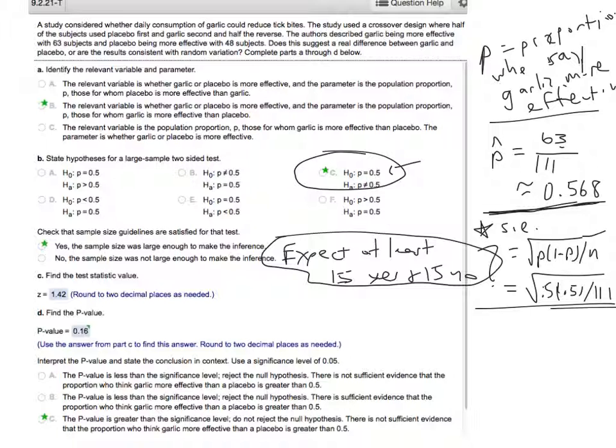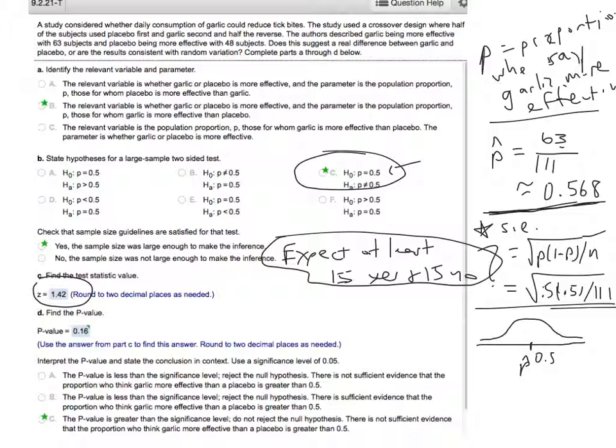So now let's see how we're going to get the z-score, our test statistic. We now have enough information to do it. This is where it helps me to actually picture the standard normal distribution, the z-score distribution. Well, actually, let's think about the p hat distribution. This distribution is centered at the true proportion, the p, which is 0.5 because of the null hypothesis.